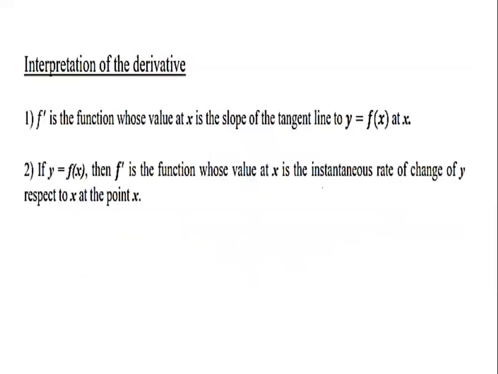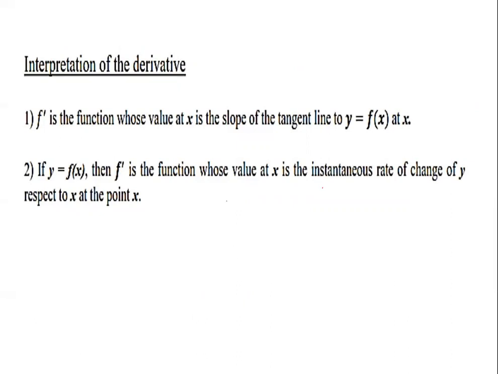How can we interpret the derivative? There are two interpretations here. The derivative of f is the function whose value at x is the slope of the tangent line to y equal f(x) at x. Now, what does that say?